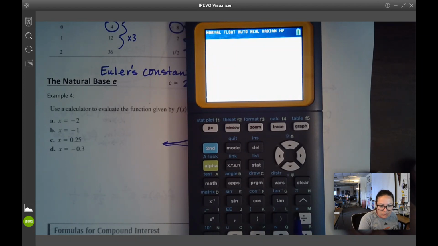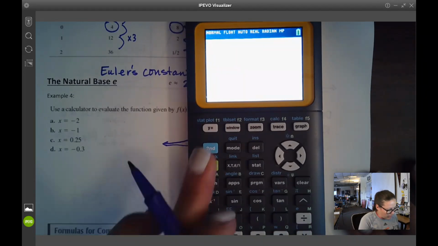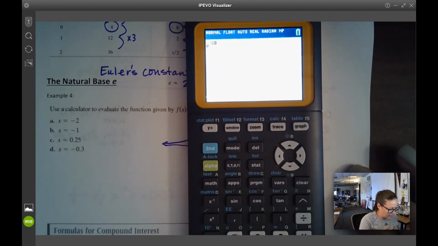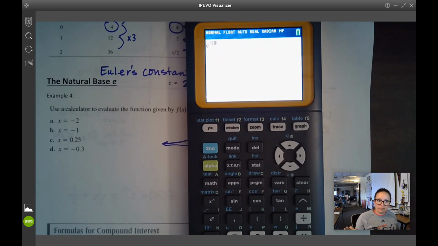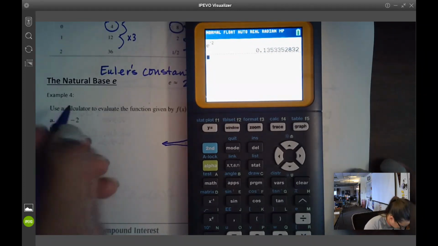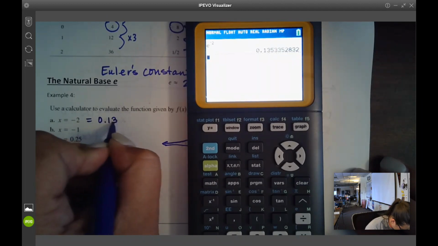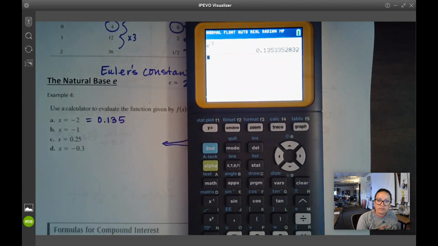Right above the division symbol, there's an e there. That's what we want. So I'm going to press the blue second button and then e to the -2. Now, this is not going to be a negative number. Remember, this actually means 1 over e squared. Okay, so why don't you pause the video and try the other 3 and see if we get the same answer.